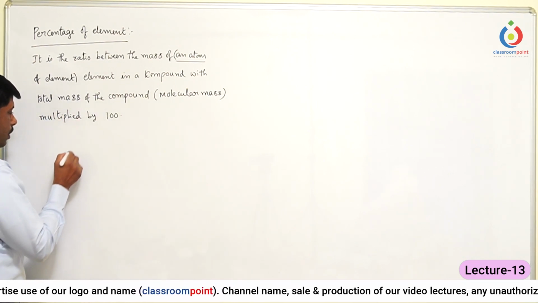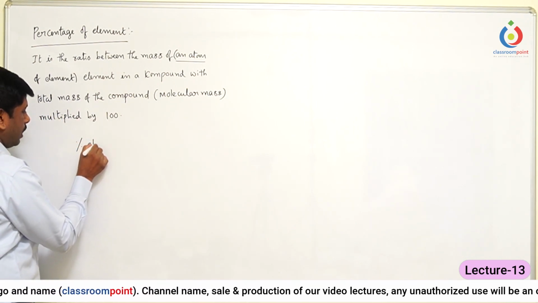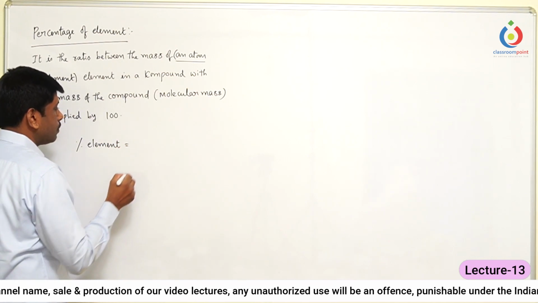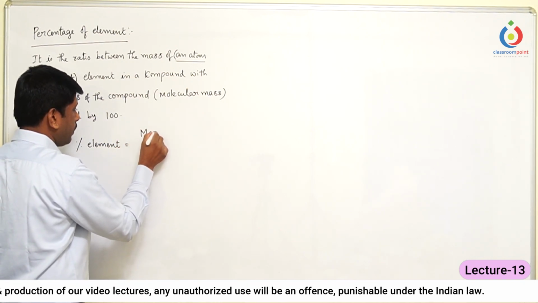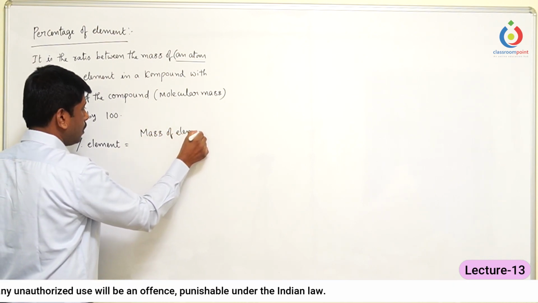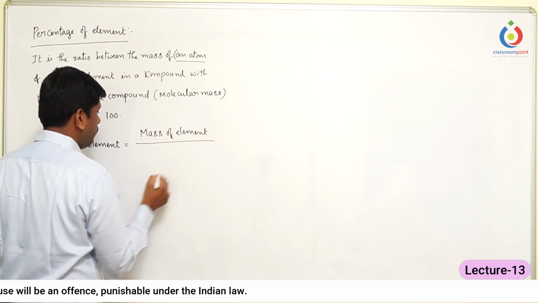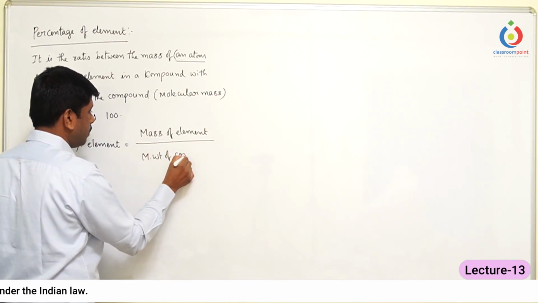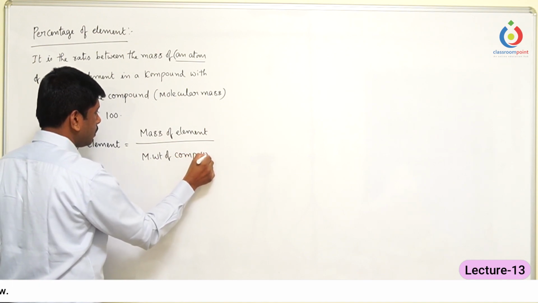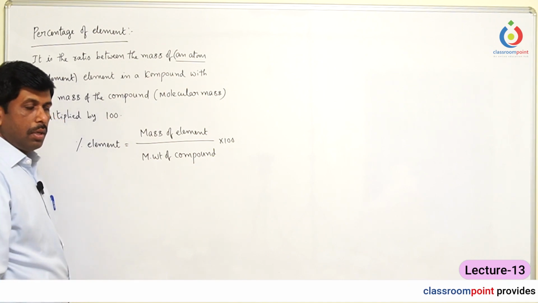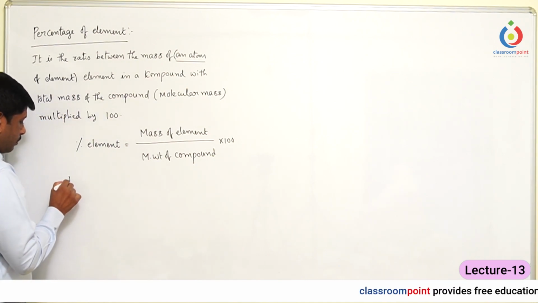Let us see the formula here. Percentage of element is equal to mass of element in the given compound divided by molecular weight of the compound into 100. Let us take an example here.